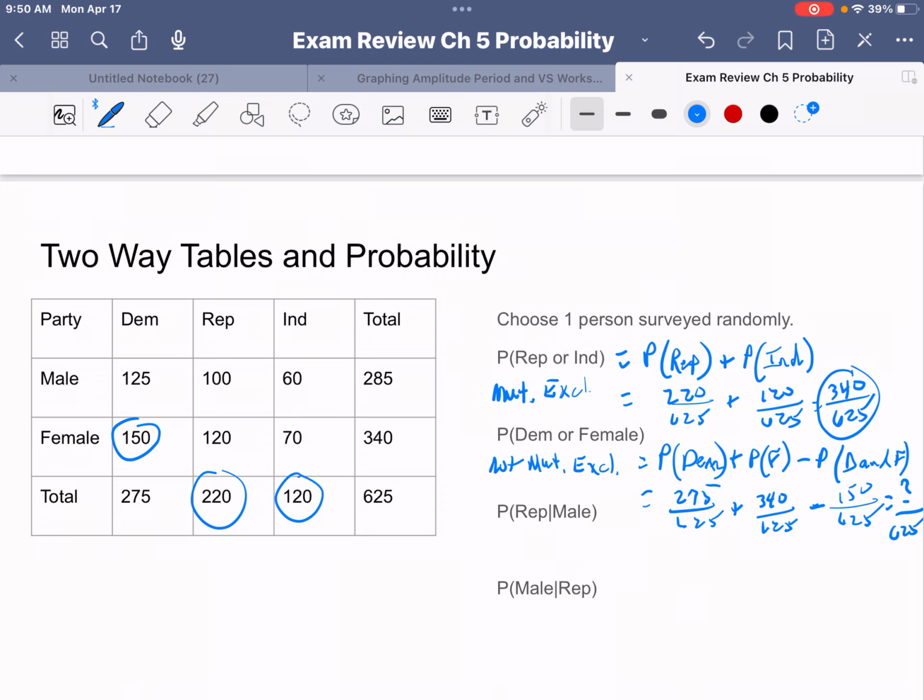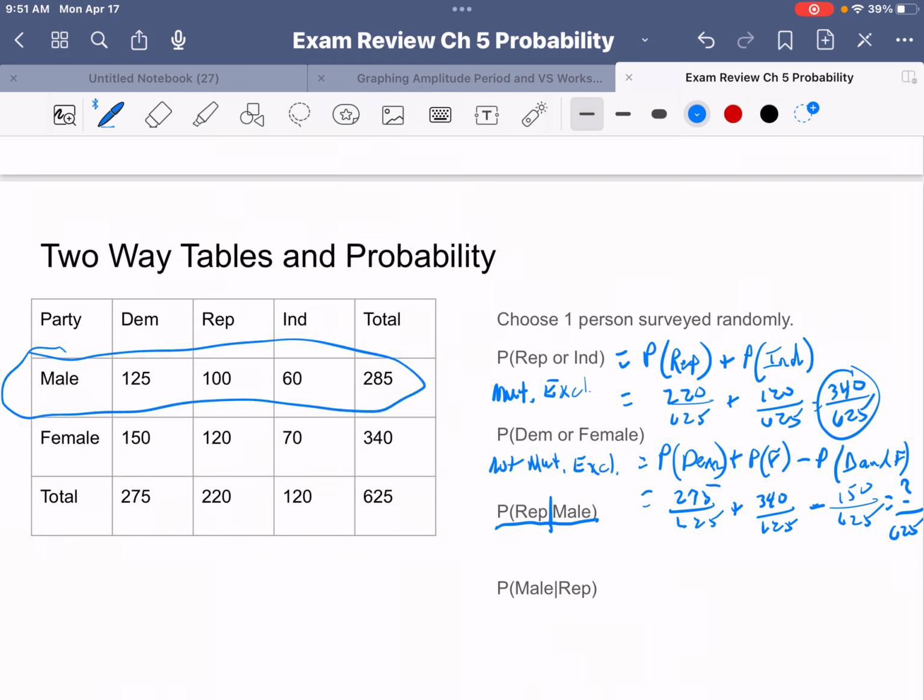Okay, now what is the probability that the person is a Republican given that the person is a male? Given that the person is a male means, hey, given that it's one of these people, what is the probability that it's a Republican? Well, of those people, 100 of them are Republicans, so this is 100 out of 285.